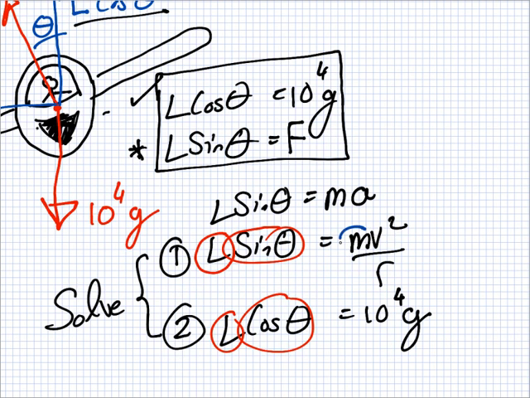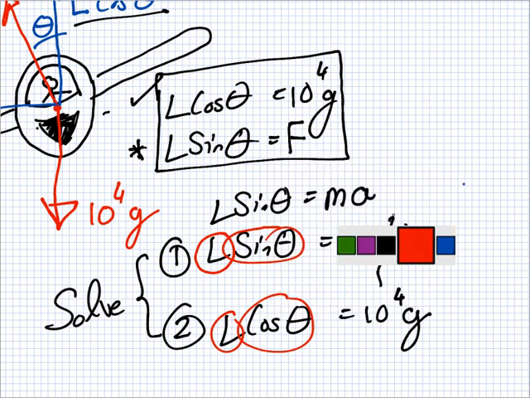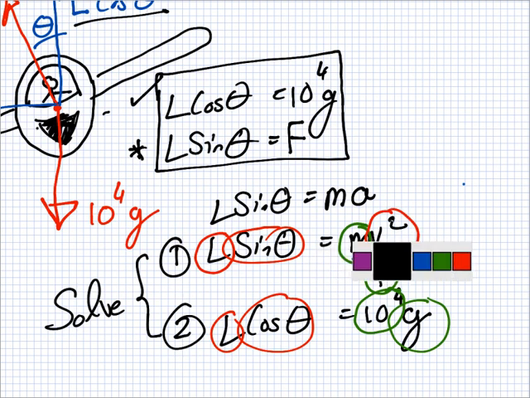Yes. We know m. Do we know r? We do. We know mg, obviously, and we know g. Do we know v? No, we don't know v. How do we combine these two equations to give us one of the things we don't know?